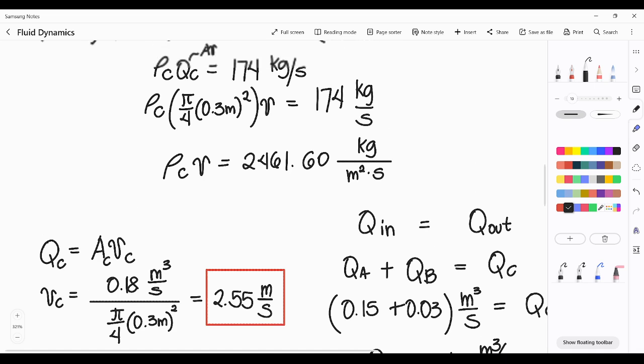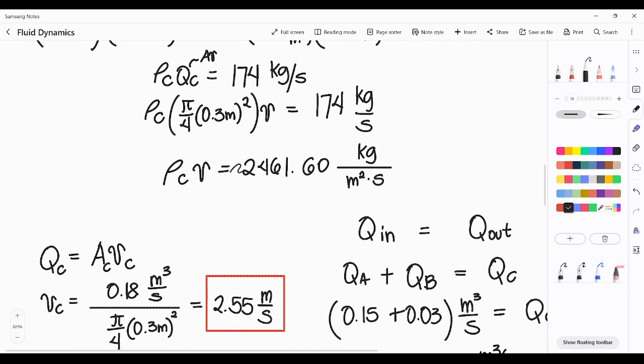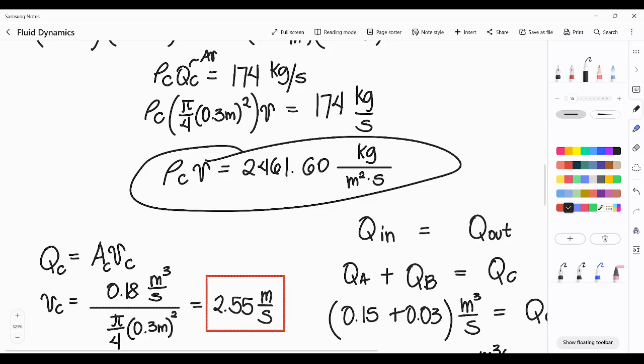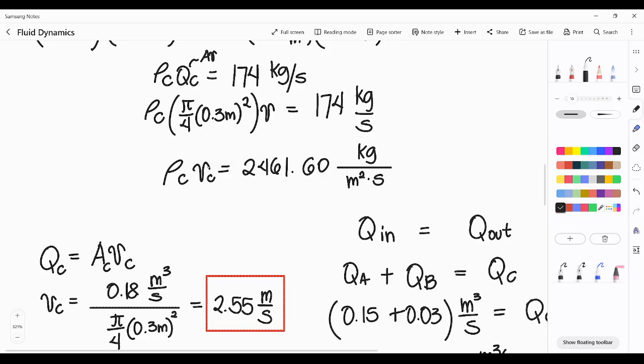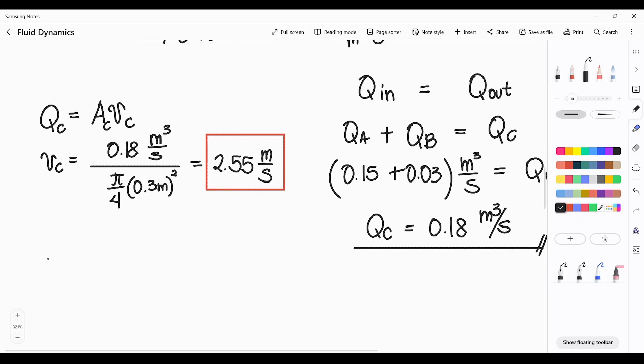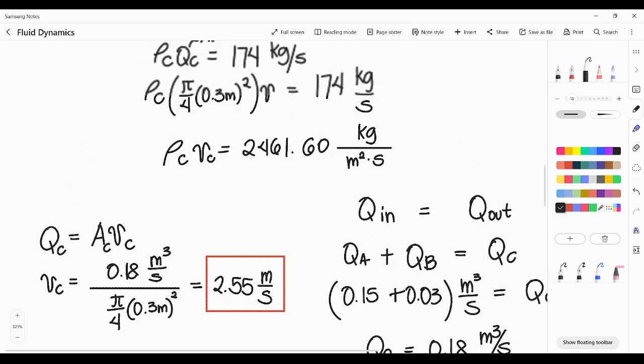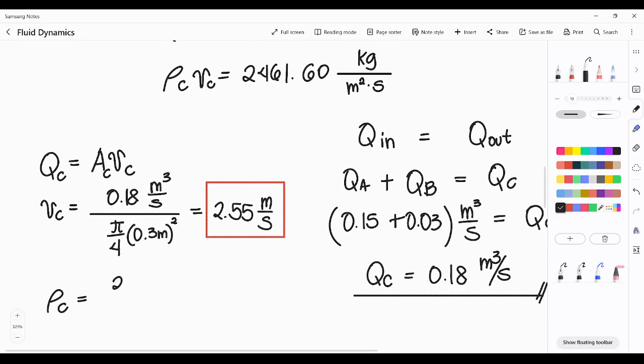At gamit yung itong nakuha nating relationship kanina, meron na tayong V, yung velocity at C. We will simply divide. Diba? So, rho C is equal to 2461.60, ang unit ay kilogram per square meter second, divided by nakuha nating velocity, which is 2.55 meters per second.